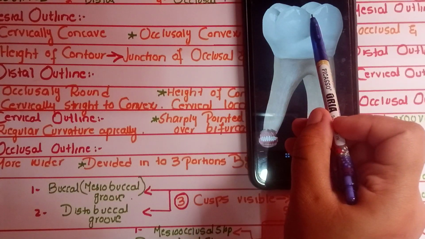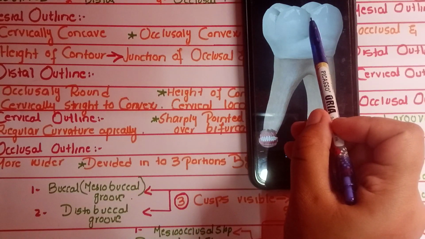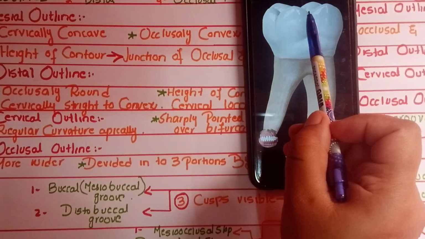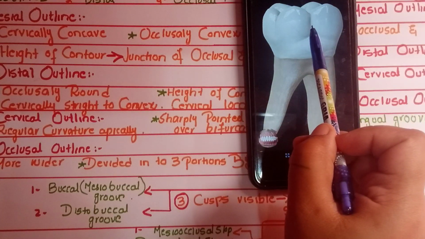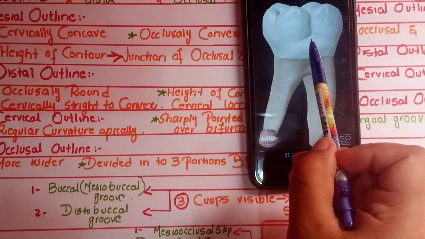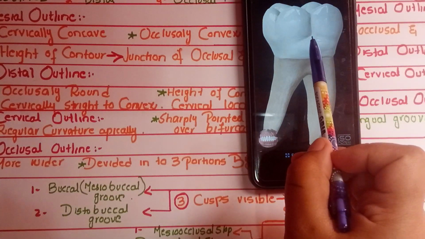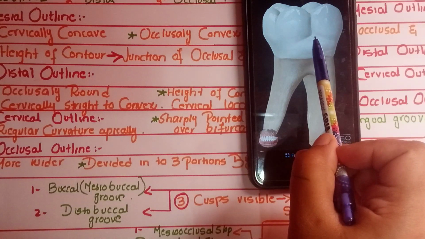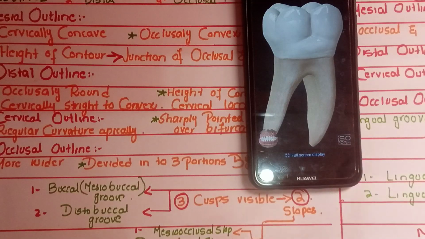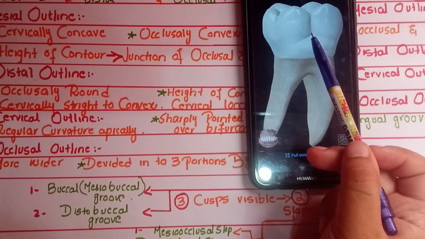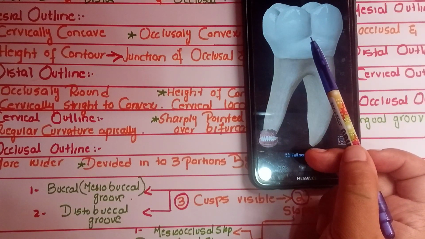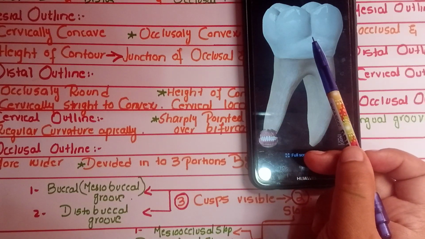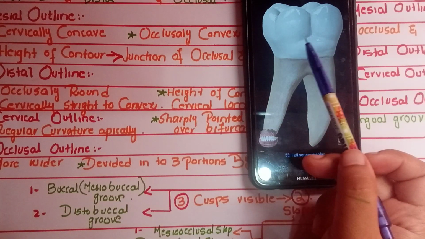The mesiobuccal groove, which we can call the buccal groove, comes out of the occlusal line, moves cervically and ends in the buccal pit. So this point is the buccal pit. The buccal groove can fade out after some distance, or it can bifurcate in two ways.